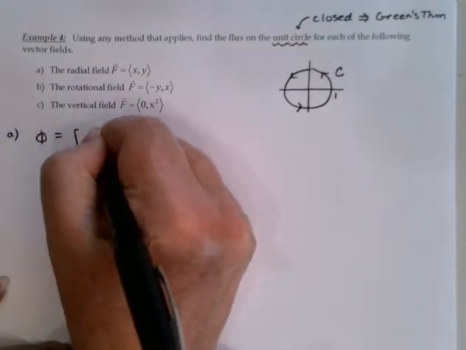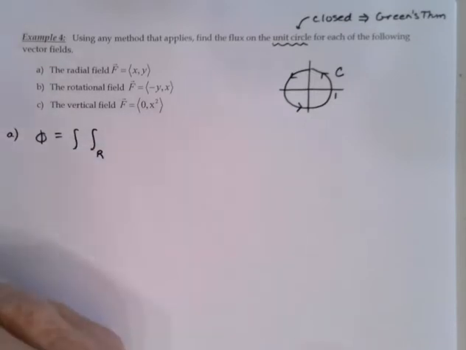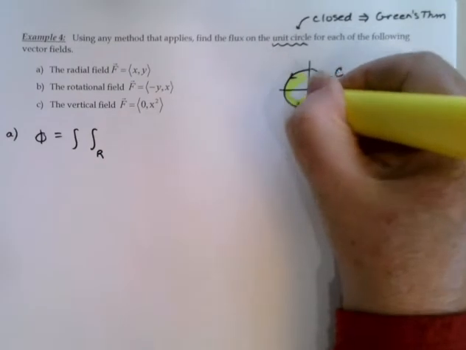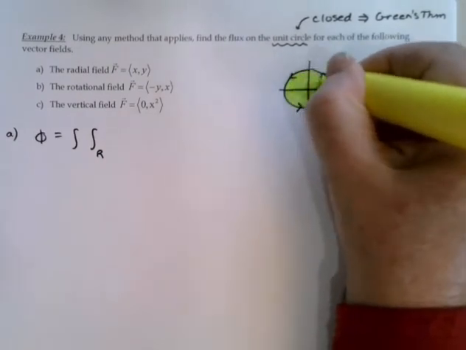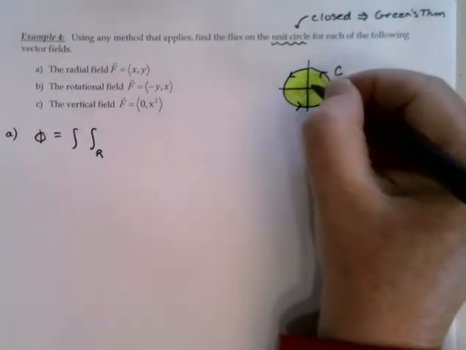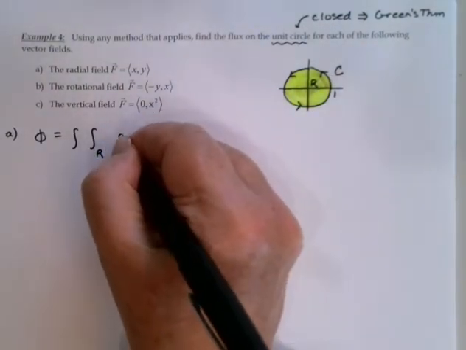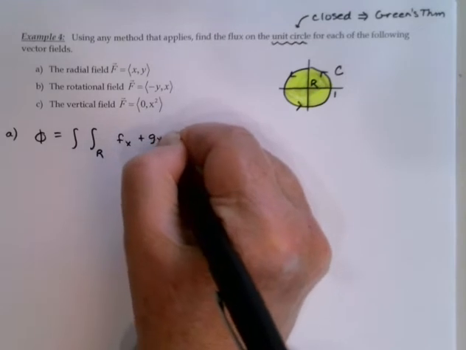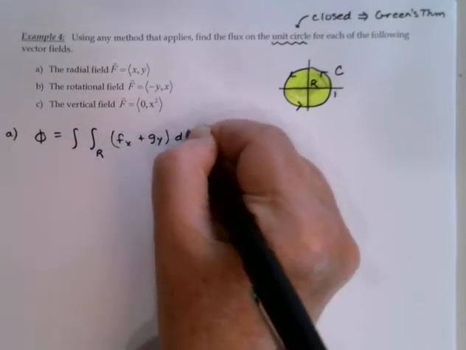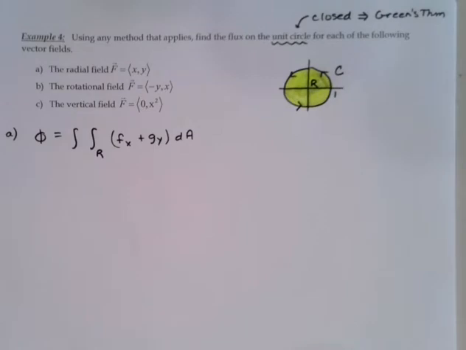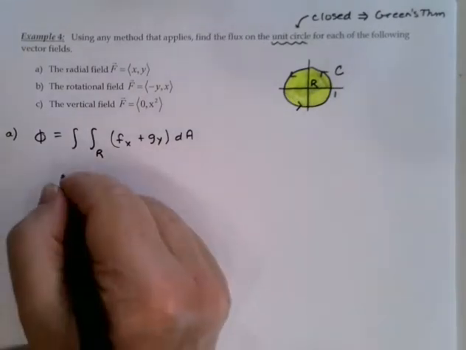So let's see. Green's theorem says take the double integral over the region. So we'll now look at the region R, which is enclosed by our path. And remember that it is f sub x plus g sub y dA for flux.